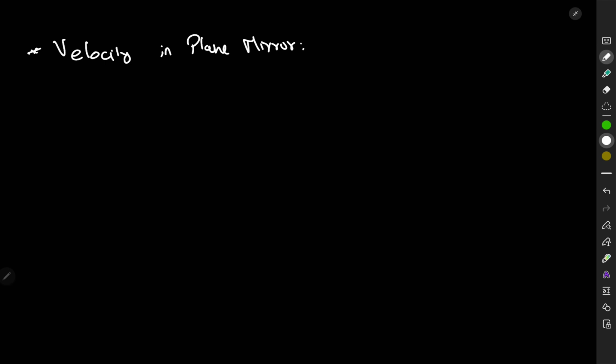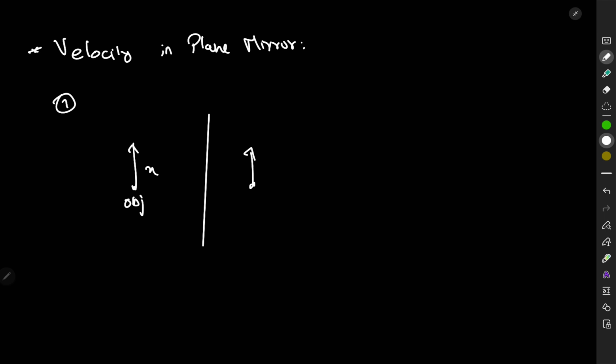So when the object moves parallel to the mirror, okay, let's say this is x, this is the object. So how do you think the image will move? Similarly like this, right? Y, the image will move like this, same, right? So x is equal to y. See, this is the position, x is position.